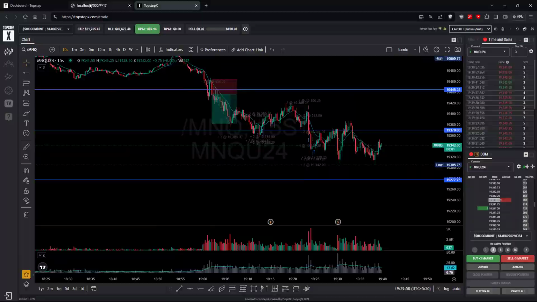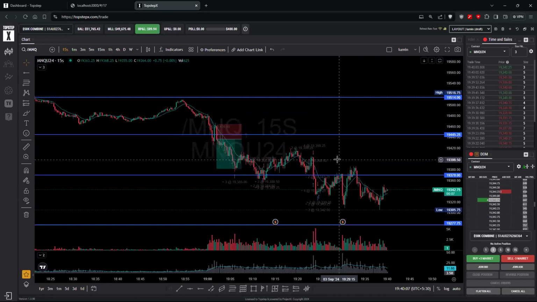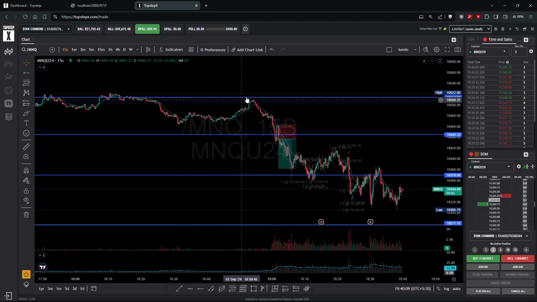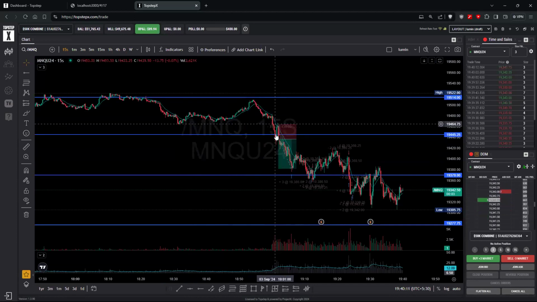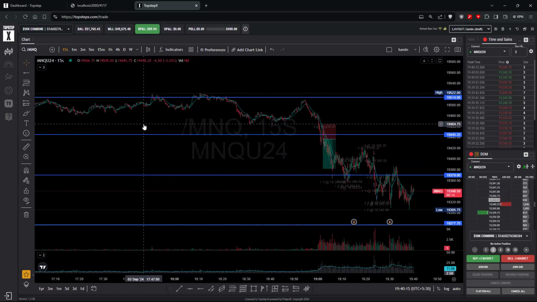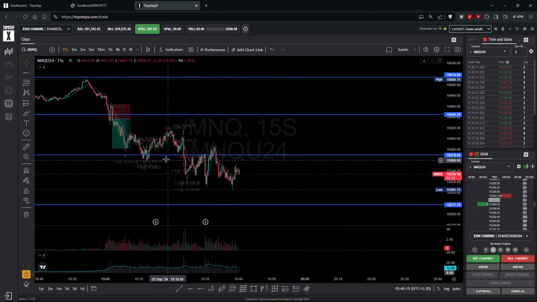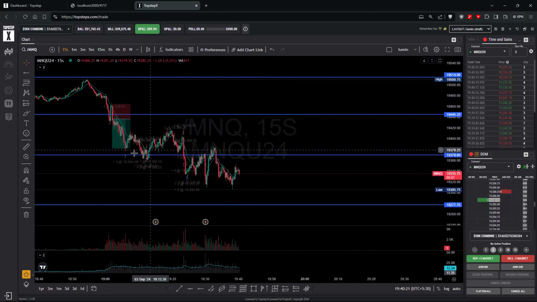So let's go over this one more time. I draw my levels. Hourly levels are important. As you can see here, the price is mostly following these hourly levels. You see that there was a rejection on this hourly level. There was a reaction here on this hourly level. The next reaction is majorly around this hourly level.